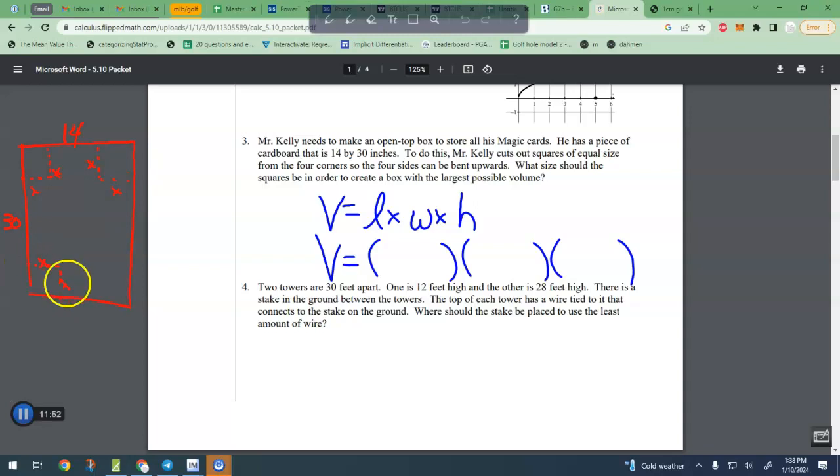So this is the drawing a picture part. So the shape that's remaining after I cut it out looks more like that. I don't know which is easier to look at. I want to know if you can tell me what that distance is.